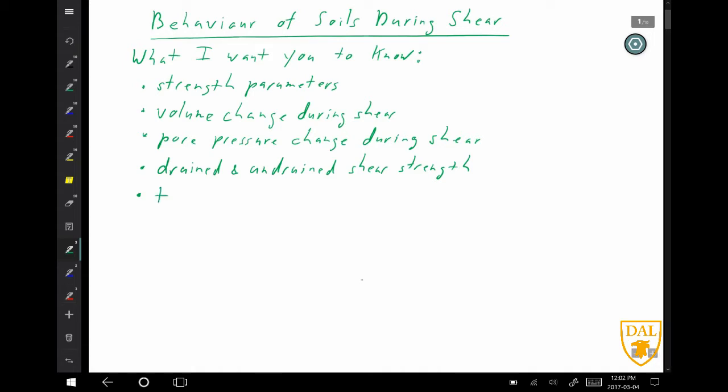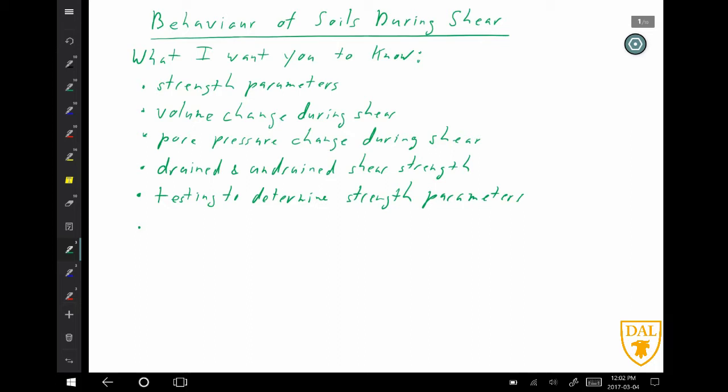We'll also talk about testing to determine the strength parameters. And the different analysis methods that encompass all of these topics when it comes to the practical analysis.